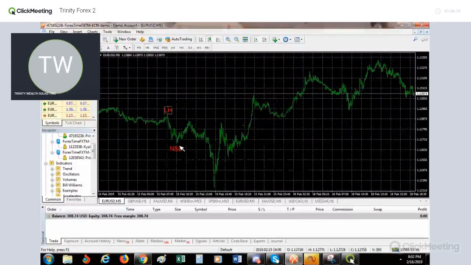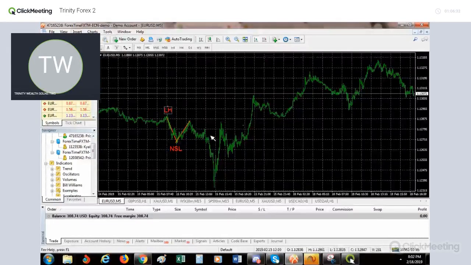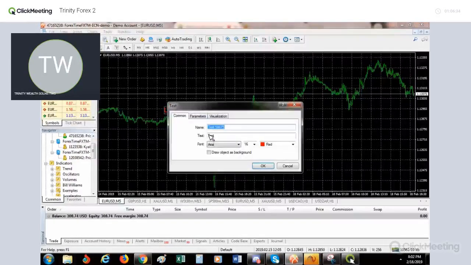Okay. We have a new structure low forming there. Then the market retraced. So we have a swing. That's one of our main swings. The market retraced and formed another lower high, lower than the previous one.